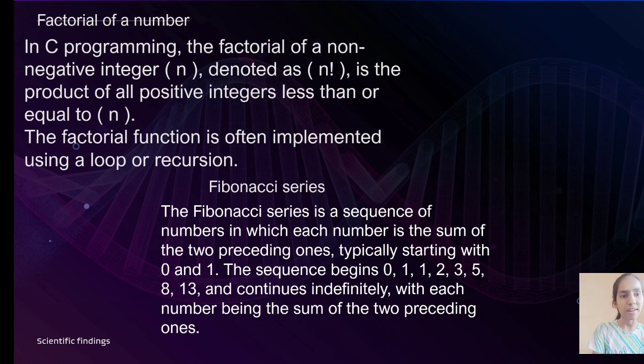The Fibonacci series is a sequence of numbers in which each number is the sum of the two preceding ones. Typically, starting with 0 and 1, the sequence begins 0, 1, 1, 2, 3, 5, 8, 13 and continues indefinitely, with each number being the sum of the two preceding ones.